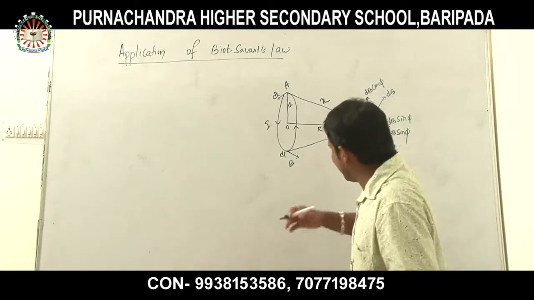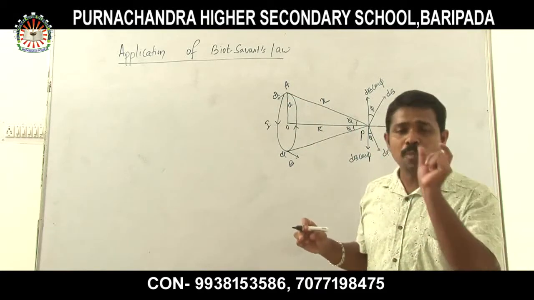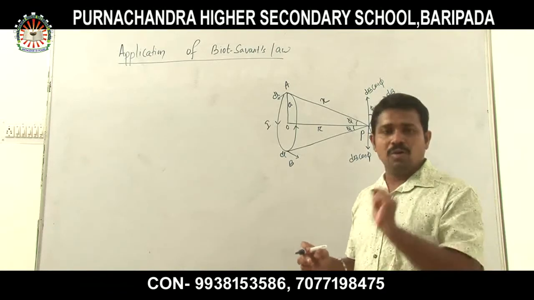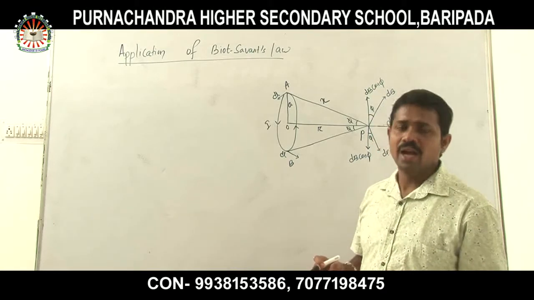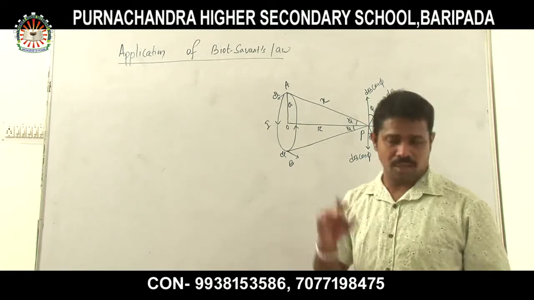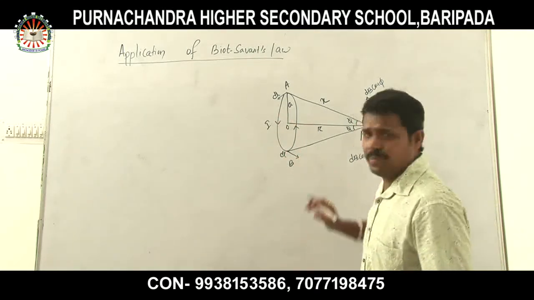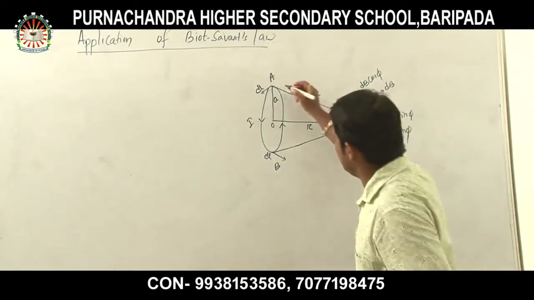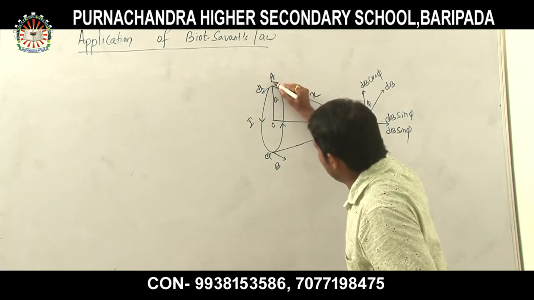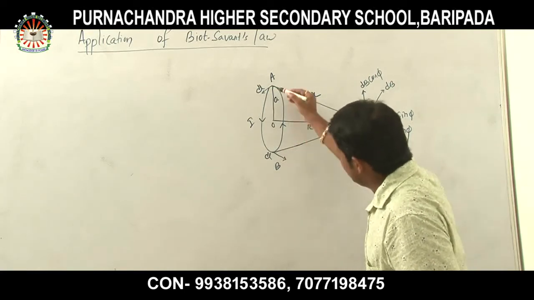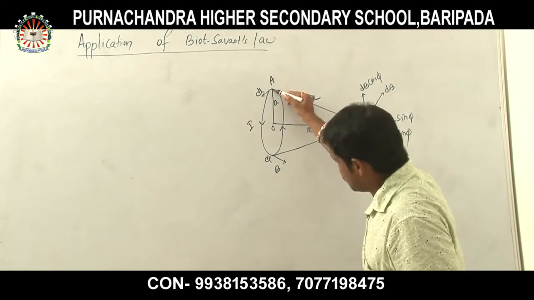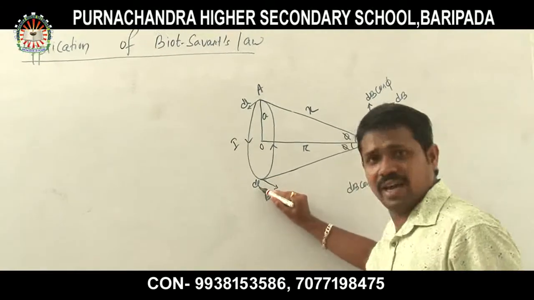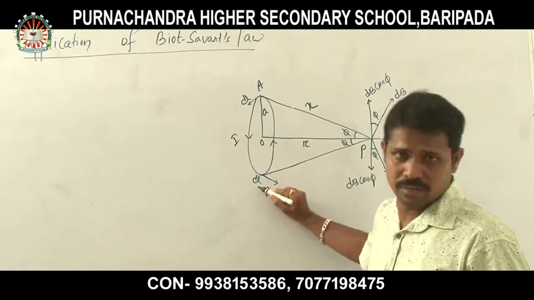Okay. So what will I assume? Now I will take two small elements, as I have discussed in Biot-Savart's law, to calculate the magnetic field. Due to a current carrying conductor, whether it is circular or straight, we have to take an element. Clear? So let's suppose this is at point A, this is your element dl, and diagonally opposite at point B, I will take another element dl.